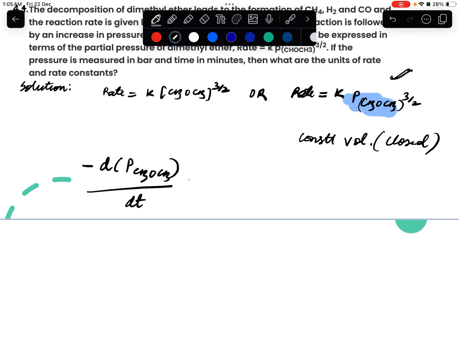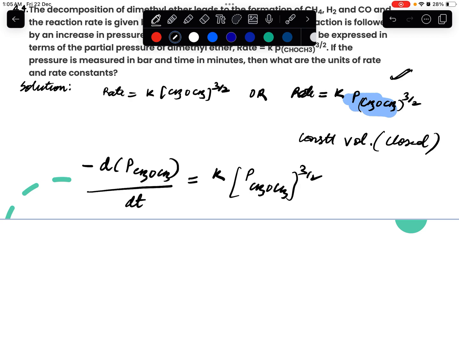This is equal to k times the partial pressure of CH3OCH3 raised to the power 3/2. It is better to write the whole quantity in square brackets, so we write it as [P of CH3OCH3] to the power 3/2.